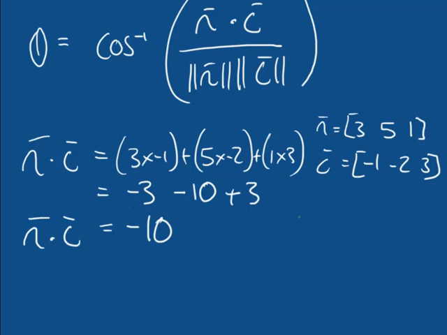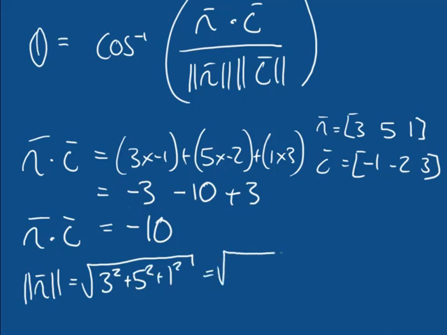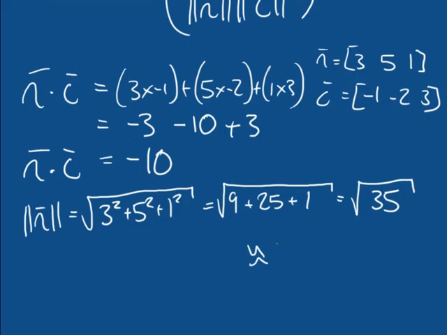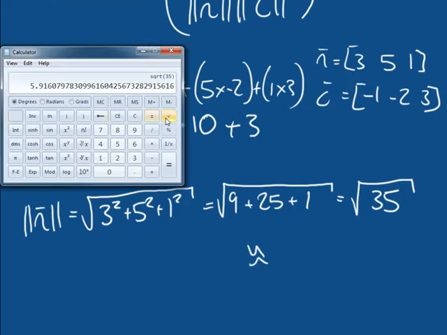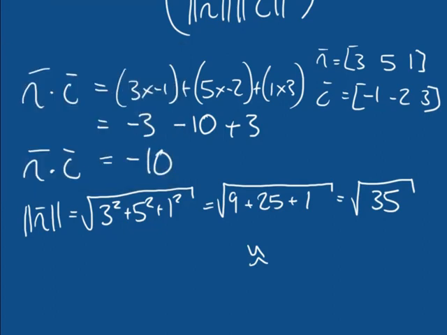Fantastic. We also need to work out the length of n and the length of c. So the length of n is equal to the square root of x squared plus y squared plus z squared, which is equal to the square root of 9 plus 25 plus 1, which is equal to the square root of 35, which is approximately equal, if we use a calculator, to 5.9161 if we round that to 4 decimal places.